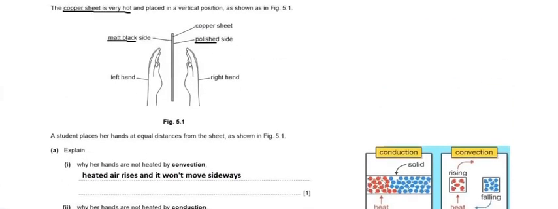Now state and explain which hand gets hotter. The conduction process is not possible, and the convection process is not possible, or its effect is very negligible, but there can be the process of radiation, which does not require any medium. So infrared radiation will be emitted by the matte black side, and also by the polished side, and those radiations can reach the left hand and the right hand.